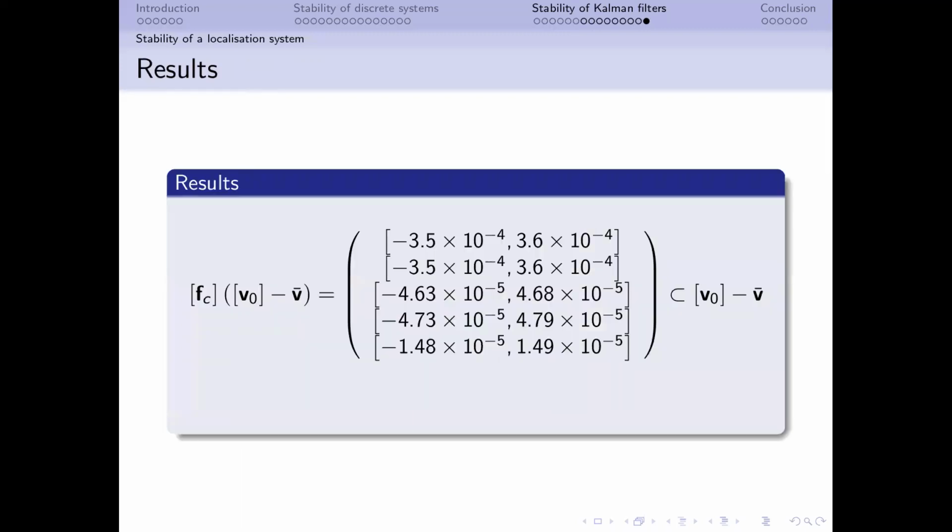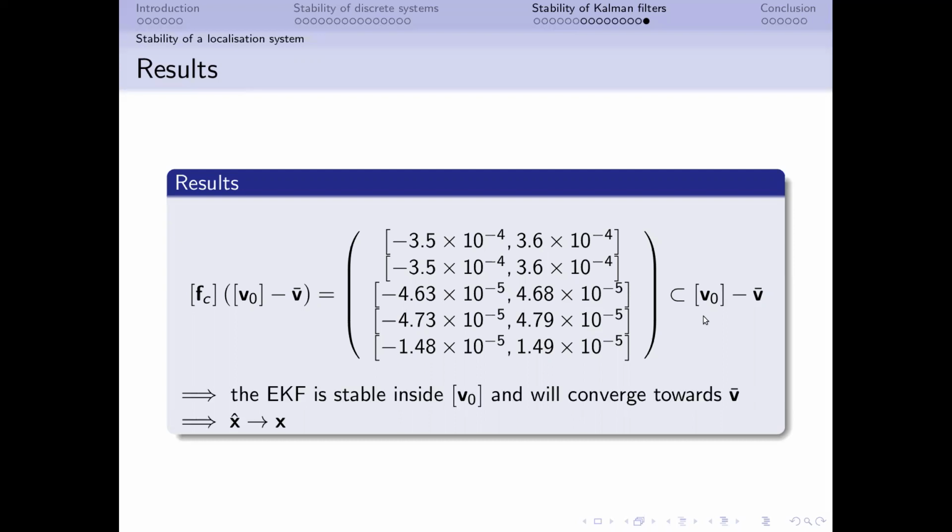Once we have that, we just apply once our centered form algorithm on this box, because this box is centered on 0. And we obtain this box that is, trust me, contained inside the initial box.